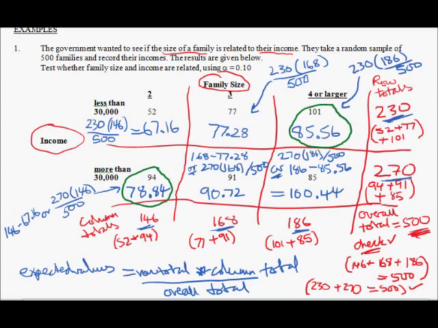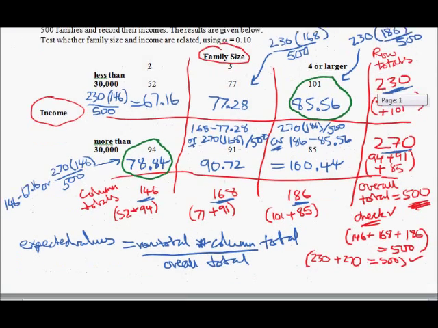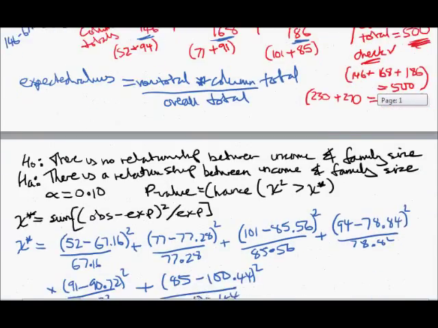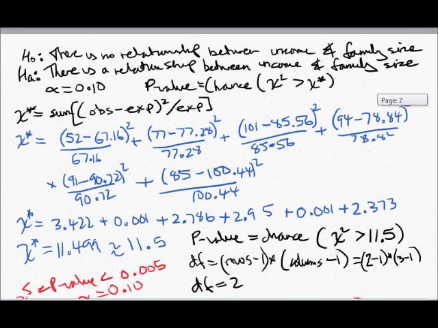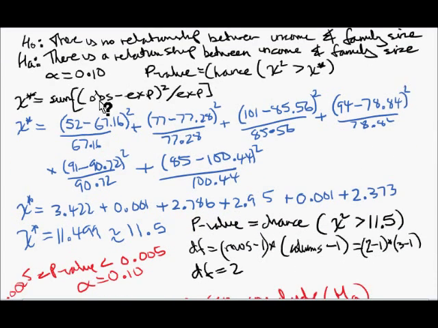And that is why the chi-star value compares those two. The chi-star value in the hypothesis test is seeing how far apart the observed and expected are. If the observed and expected are far apart, then we get a big chi-star value. And a big chi-star value will tell us, aha, HA is true.